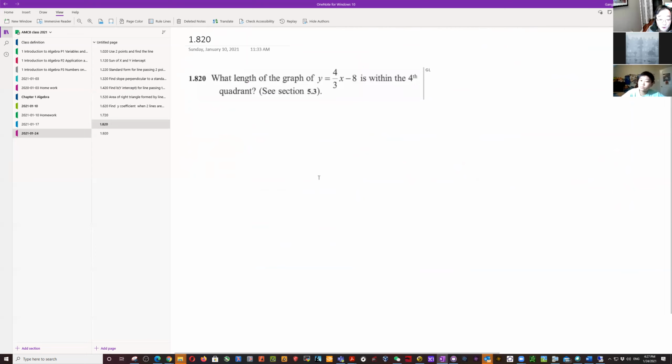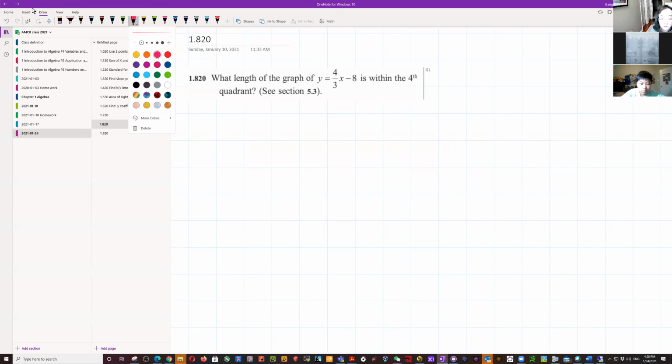What is the length of the graph of y equals 4/3 x minus 8 that is within the fourth quadrant? So basically, what we are drawing, let me turn on the grid, is a linear equation, so it is extremely easy.